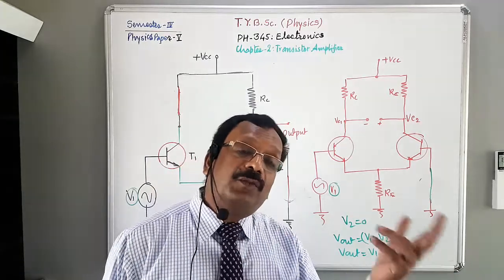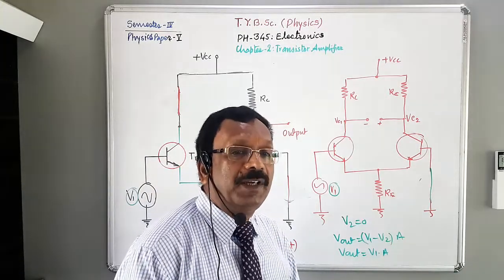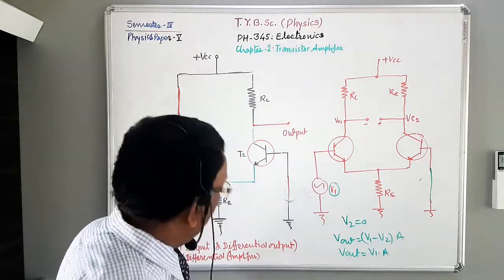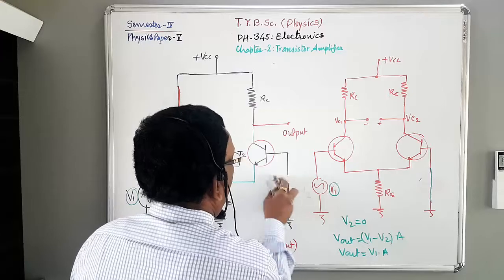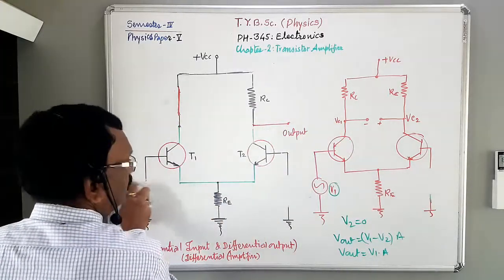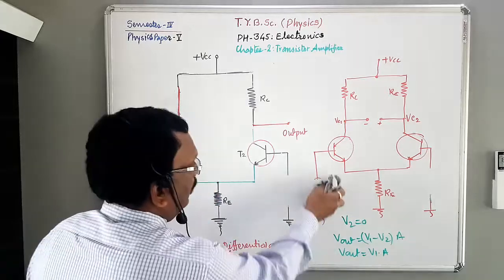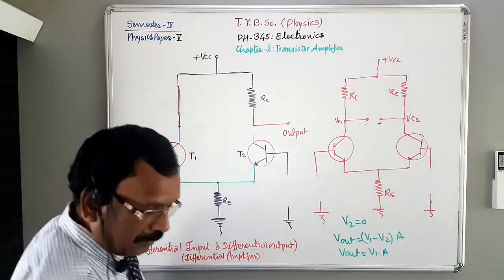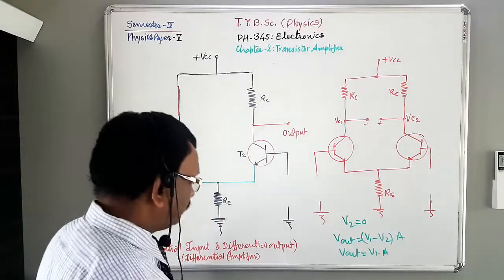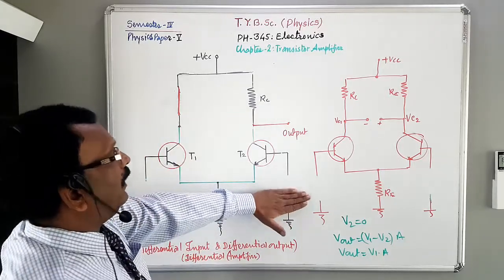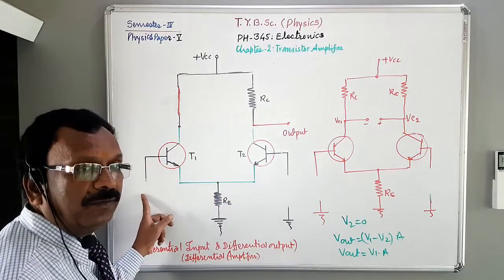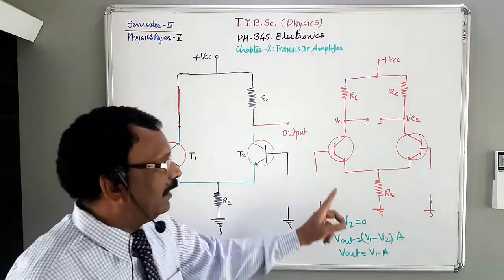Now we are going to see inverting input configuration. For that purpose, we have to make a change in the diagram. See here, for non-inverting configuration, V1 is active, here also and here also.